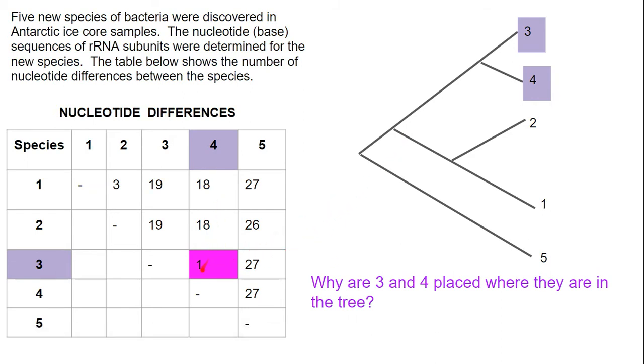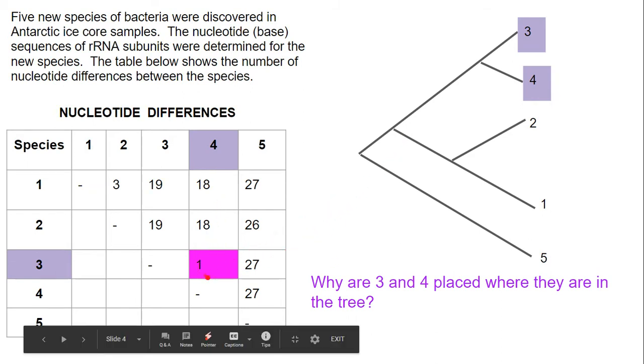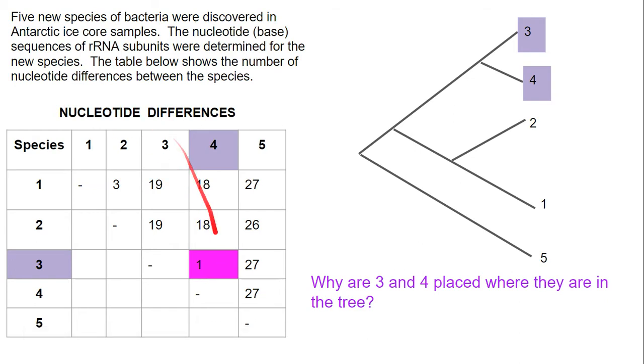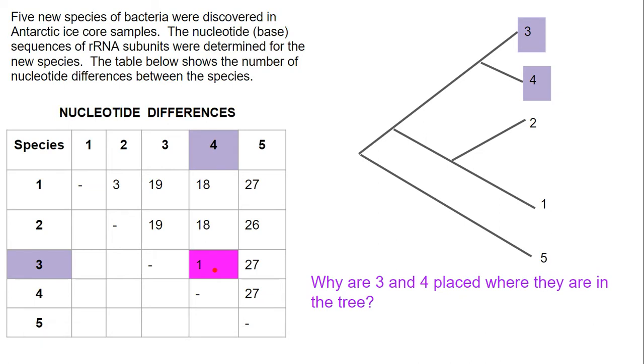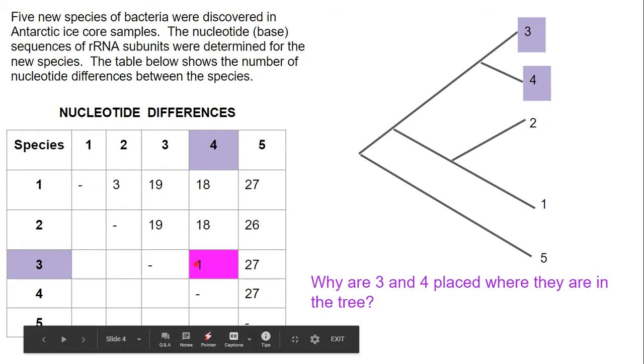So that would be 3 and 4 because they have 1 difference between their nucleotides. So they're not the exact same species. They no longer interbreed, all that kind of stuff when we talked about speciation, but they haven't been separated for very long.